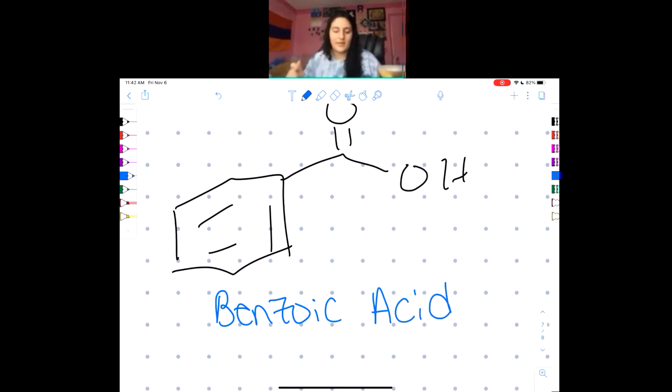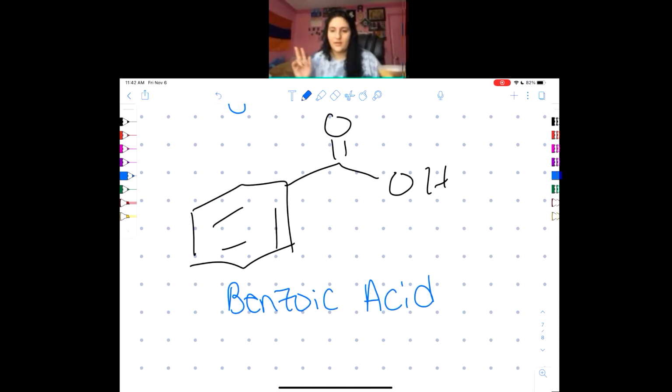And that is the common name. And the IUPAC or systematic name for this would be benzene carboxylic acid, but that's just literally the same exact thing. So I'm not going to write it down.